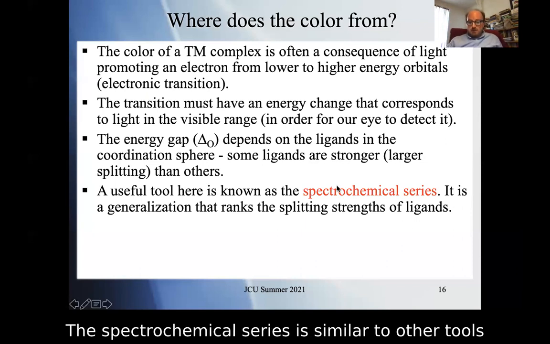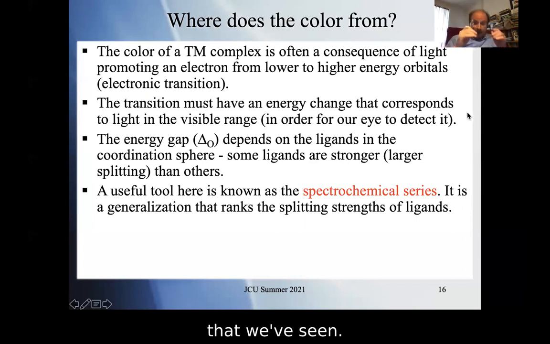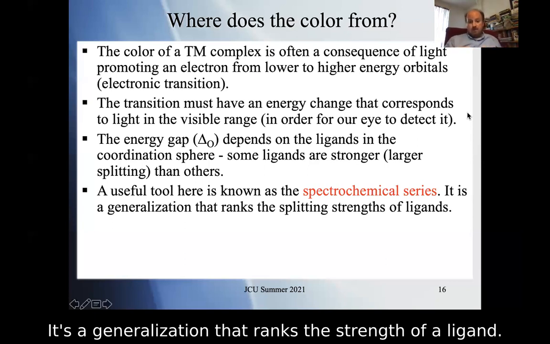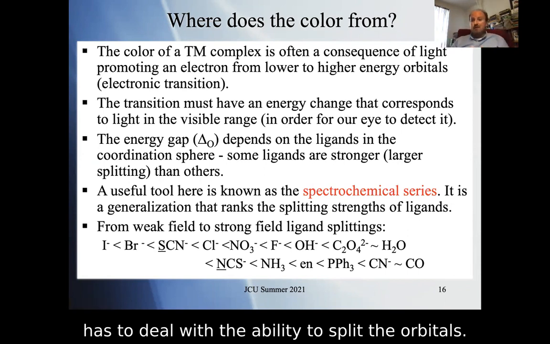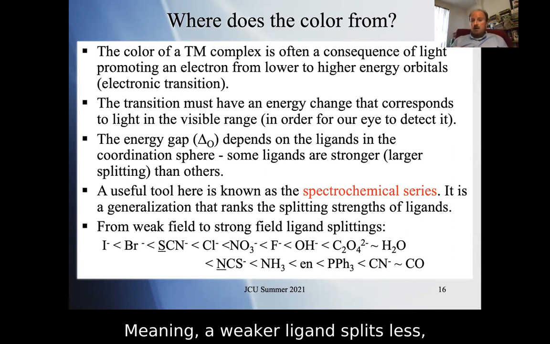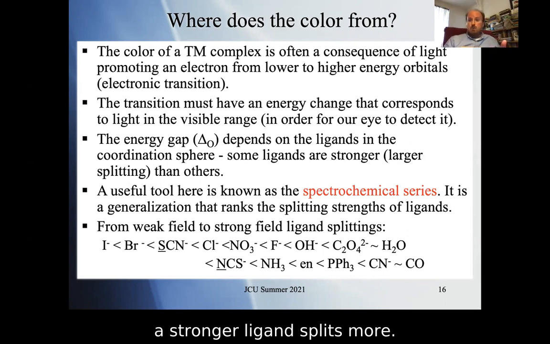The spectrochemical series is, similar to other tools that we've seen, a generalization that ranks the strength of a ligand. In this case, the strength of a ligand has to do with the ability to split the orbitals, meaning a weaker ligand splits less, a stronger ligand splits more. That's the general trend.